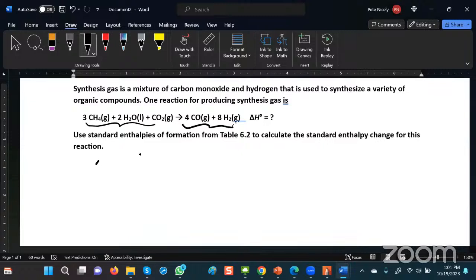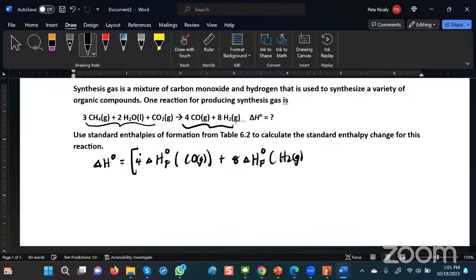So basically, delta H standard would be equal to 4 times the standard enthalpy of formation of carbon monoxide gas plus 8 times the enthalpy of formation of hydrogen gas, H2 gas. Okay, so I'm going to put that in square parentheses here to isolate it from the terms for the reactants. So these are basically the terms for the products, right?